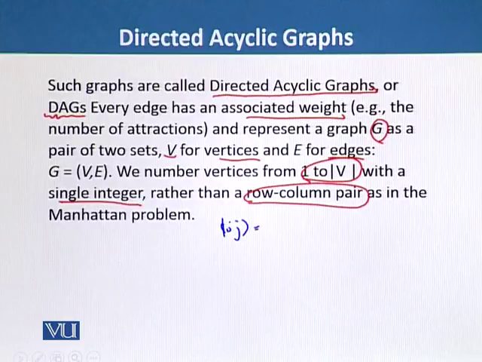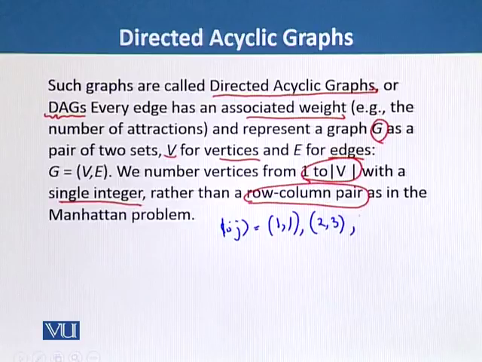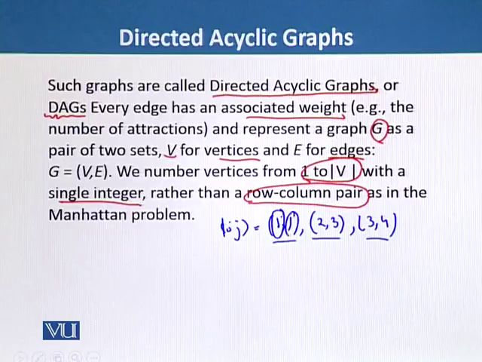To calculate the specific location of the tourist, we used, for example, 1 and 1, 2 and 3, 3 and 4, and so on. These numbers were in the form of pairs, where one is the I position and the other is the J position.